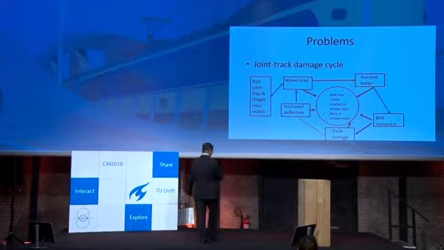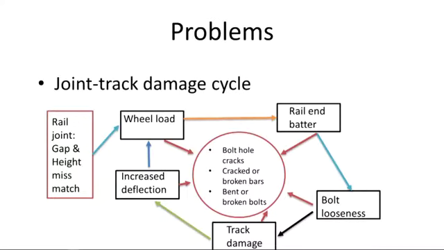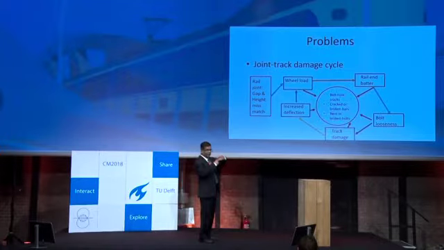You can see because of this height mismatch and the gap between two rails, the second author discussed about dynamic force. That is the P1, P2 forces. These are the things happening. The P1 force is responsible for rail top battering, and the P2 force is responsible for track damage.